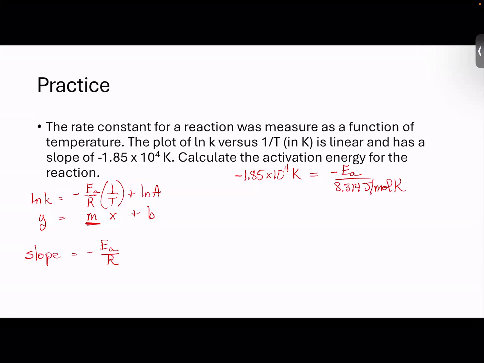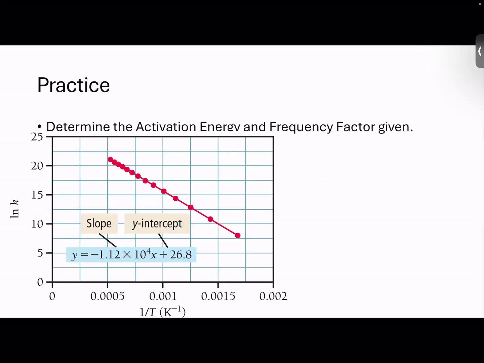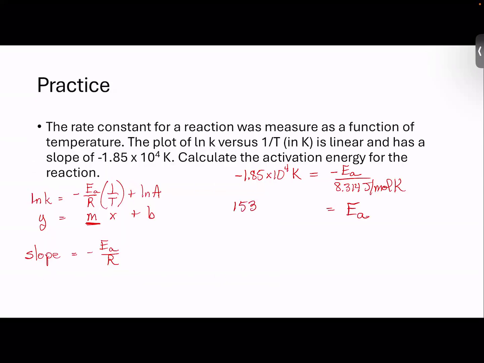So doing the math, 1.85 times 10 to the 4th times 8.314, you get an E sub A equal to 153,809 joules per mole, or in other words, the E sub A for this reaction is 153.8 kilojoules per mole.